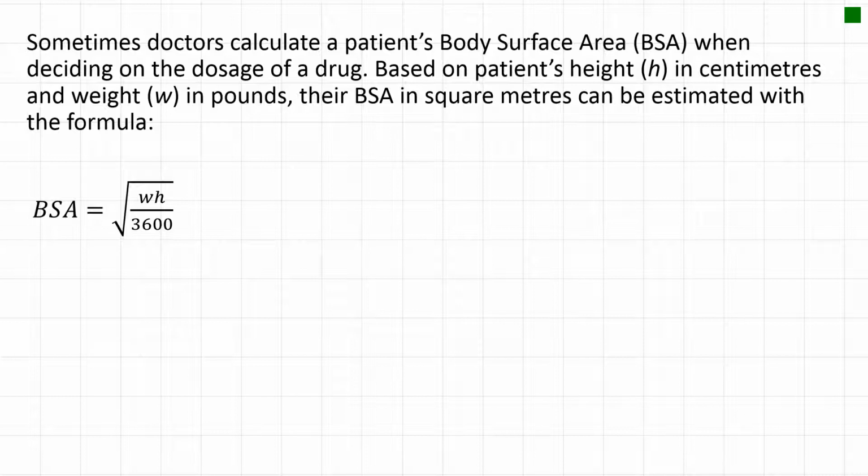The result is in square meters. But this formula has been developed so that you get a good estimate of the BSA based on those two variables, height and weight, in those particular units.